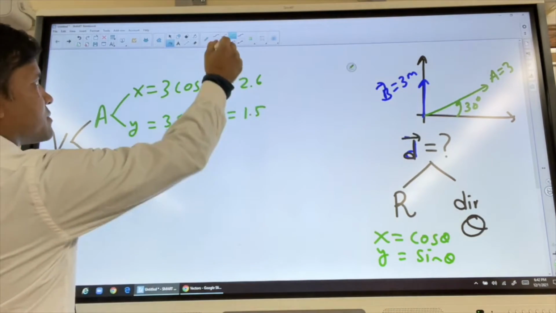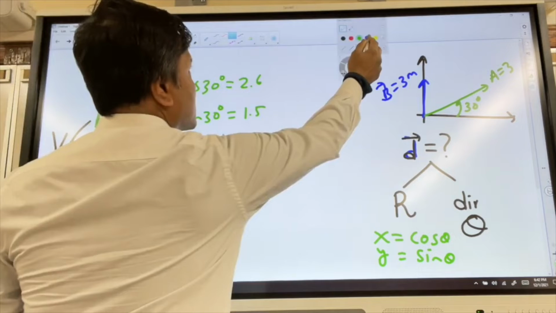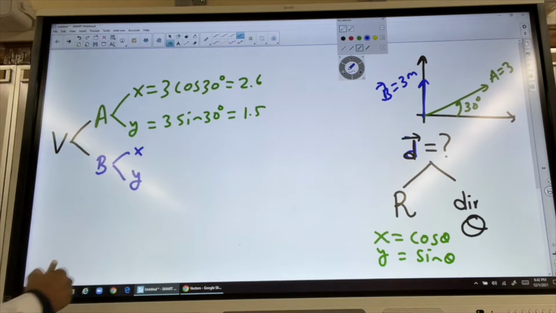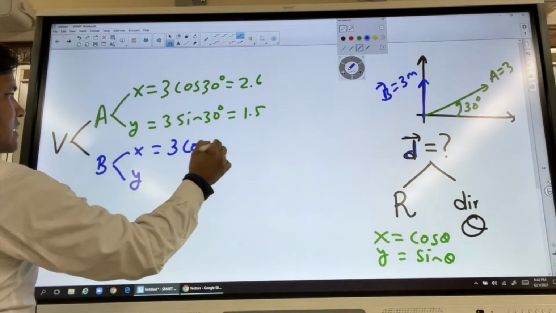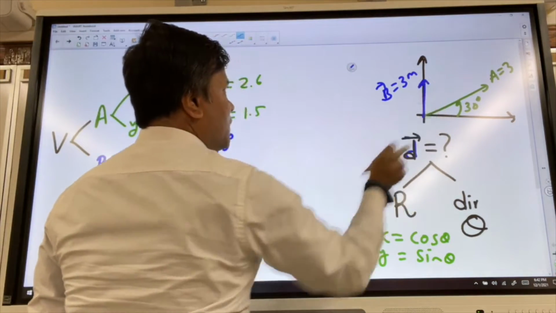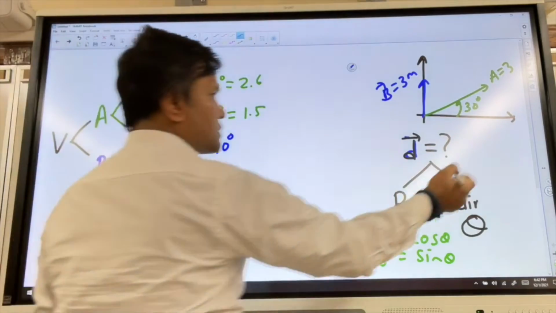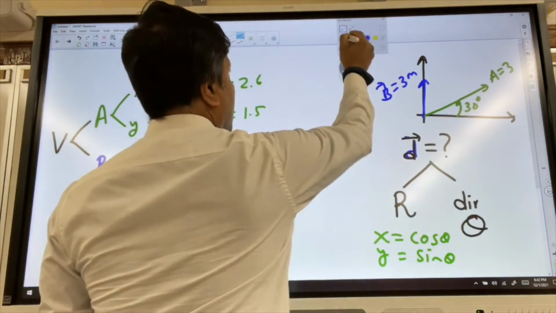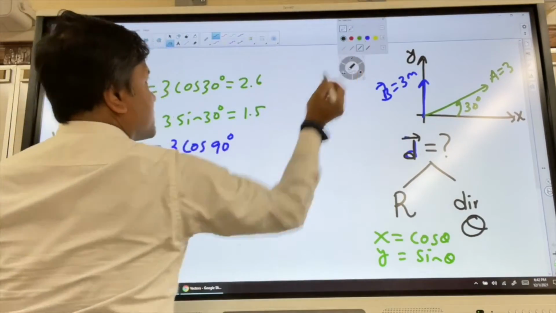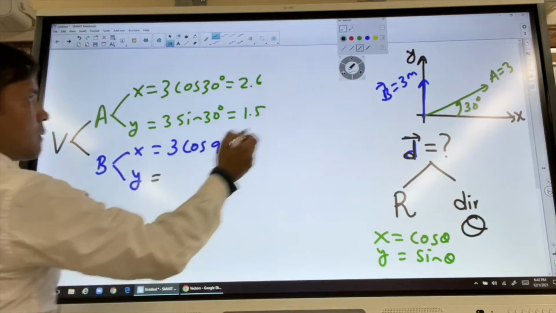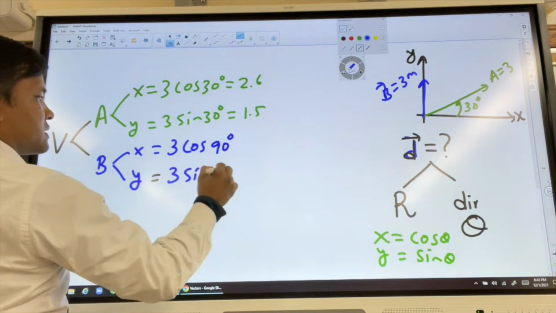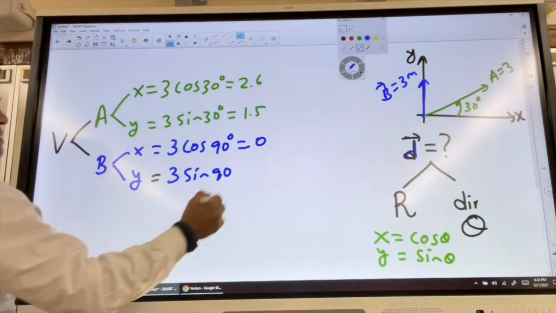Now vector B is blue, so let's use blue. So vector B, x and y: 3 cosine 90 degrees. Understand that this blue vector is 90 degrees with respect to the x-axis. 3 sine 90 degrees, so this is 0 and this is 3.